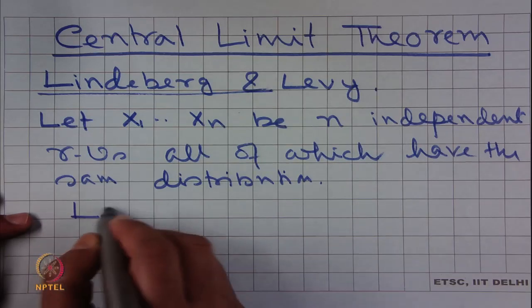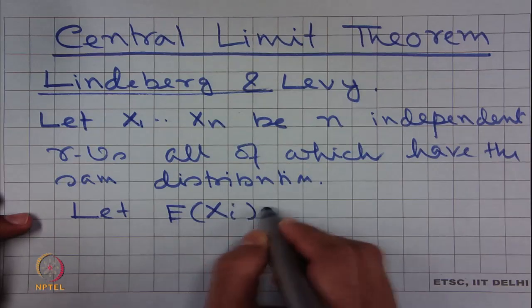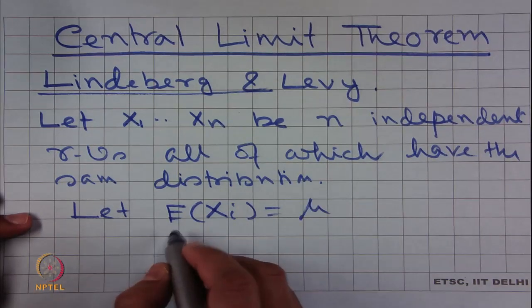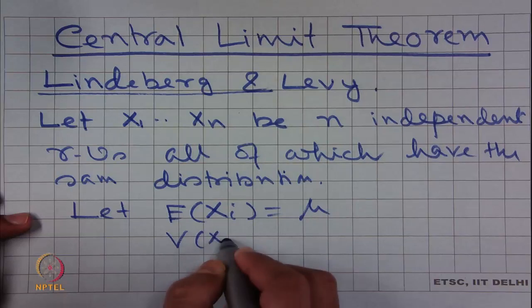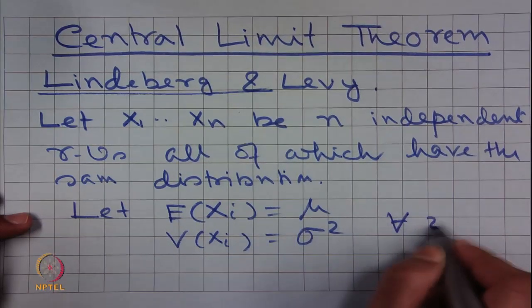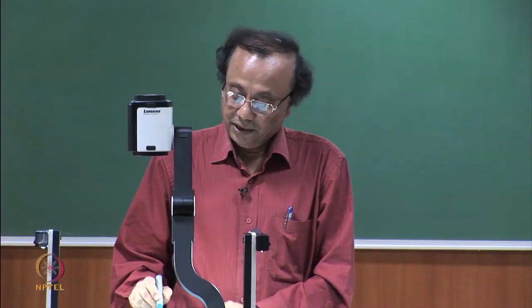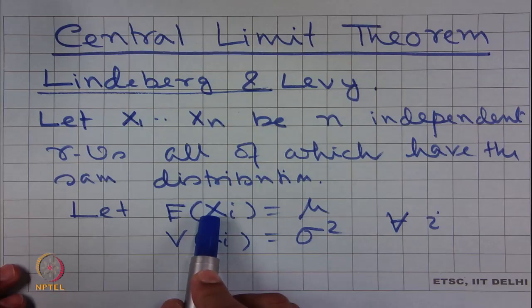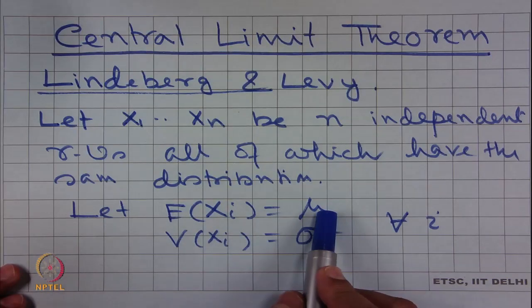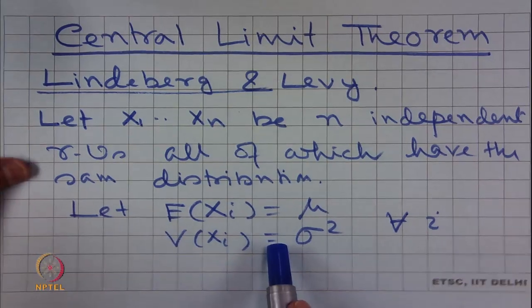Let expected value of x i be equal to mu and variance of x i be equal to sigma square for all i. What does it mean? It means that each of the x i has the same expectation, each of the x i has the same variance.